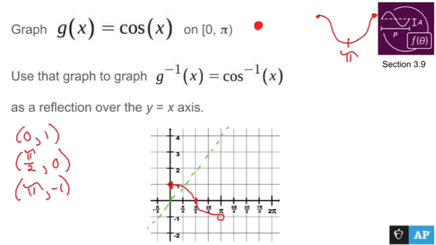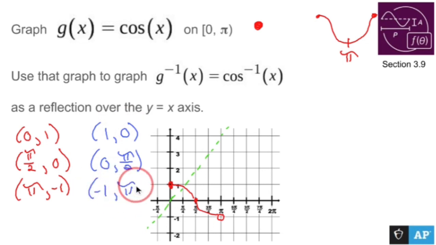So if I were to graph the inverse in blue, I can graph the points 0, 1, 0, pi over 2. Nope. I knew something wasn't right there. 1, 0. I was supposed to flip them and I didn't. Shame on me. 0, pi over 2 and -1, pi.